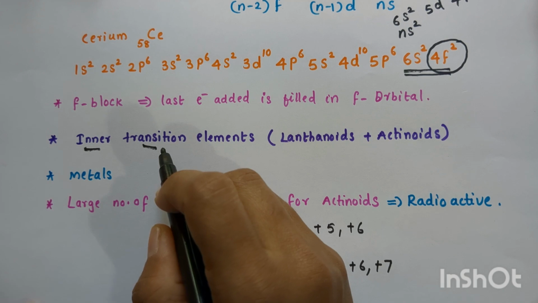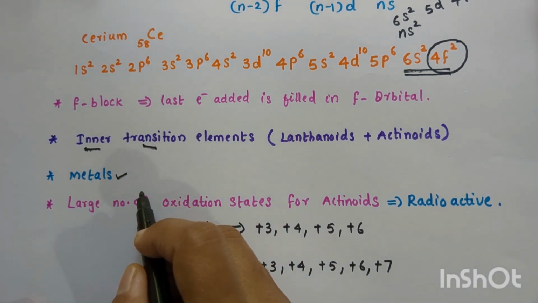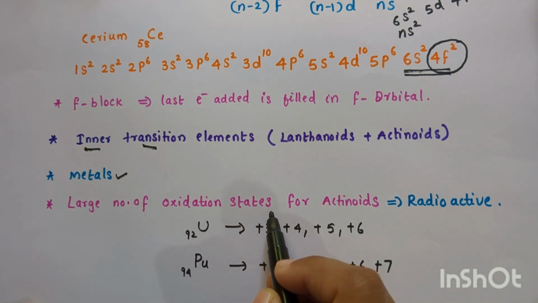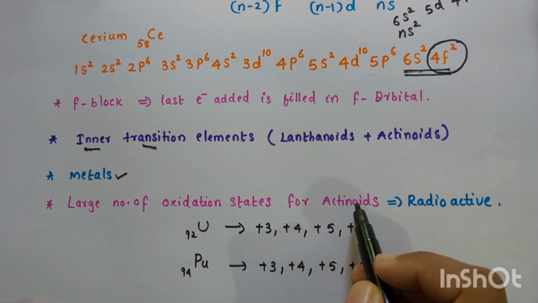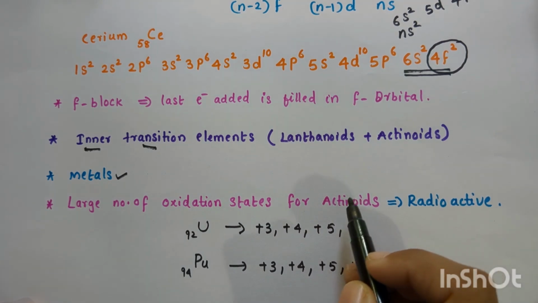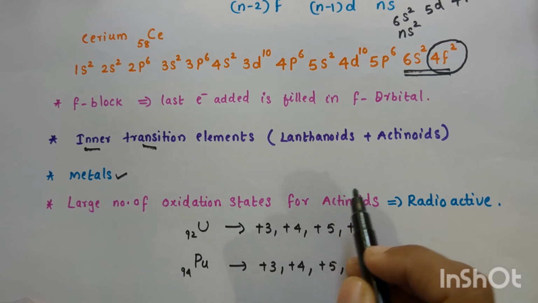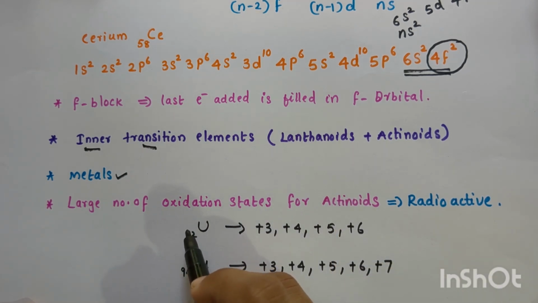And you see, f-block elements are metals. A large number of oxidation states are possible for actinoids. Actinoids have partially filled f orbitals which can lead to multiple oxidation states. For example, consider uranium, whose atomic number is 92.